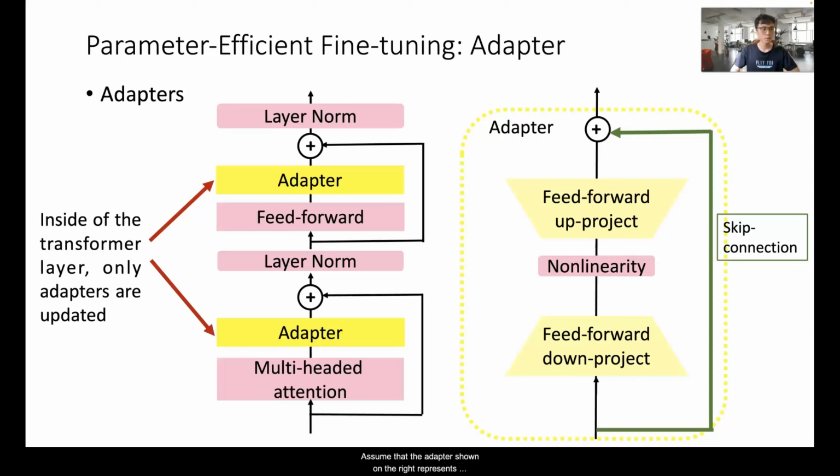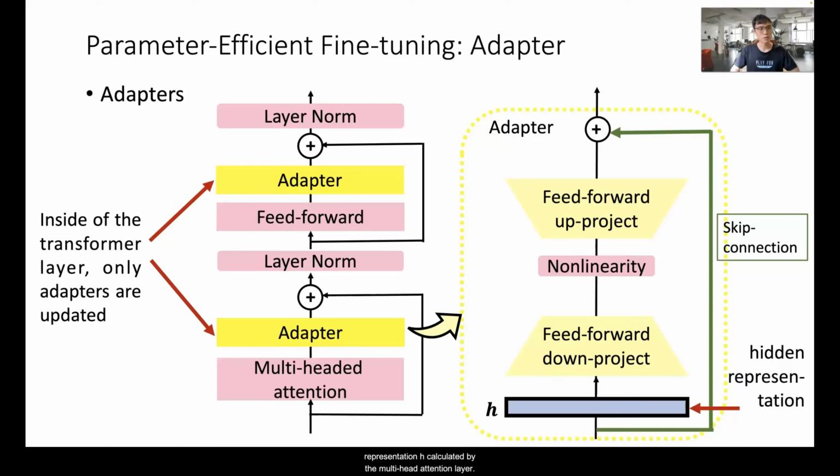Assume that the adapter shown on the right represents the adapter after the multi-head attention layer. Then the input to the adapter layer is the hidden representation H calculated by the multi-head attention layer. H takes two different ways in the adapter layer. One is the skip connection, so H will not be changed in this path. The other way is the one with feed-forward layers.